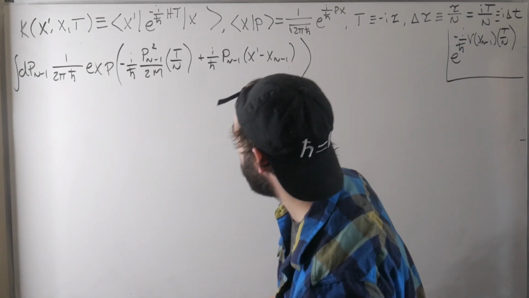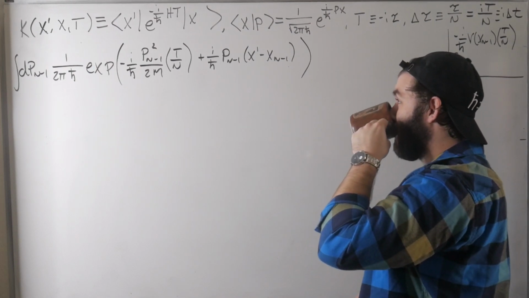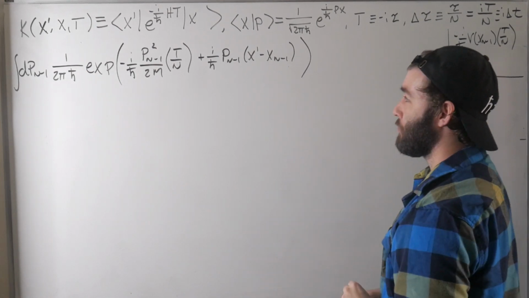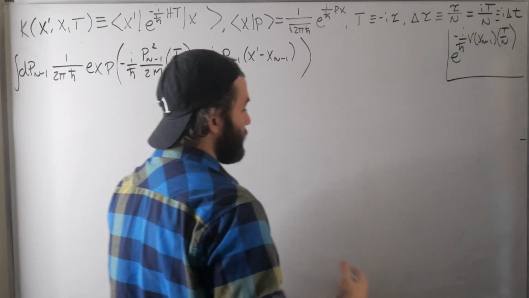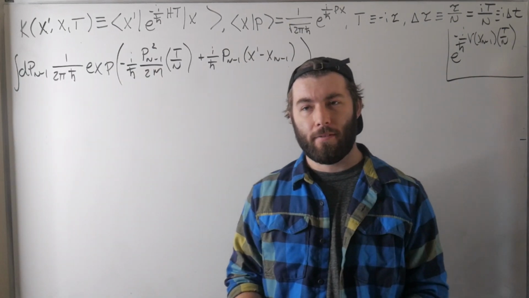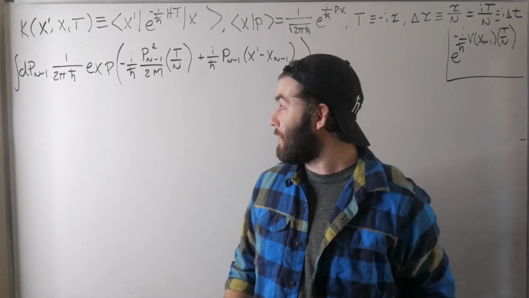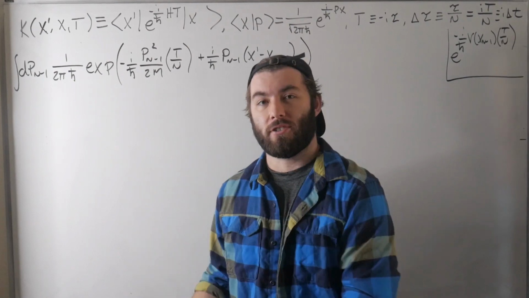I'm going to take a sip of coffee, because I've been talking to myself all day. Okay. The way that we do this is pretty weird. It has to do with something called analytic continuation. If you're interested in it, any complex analysis book will have it towards the end. Effectively, we're going to go to imaginary time.